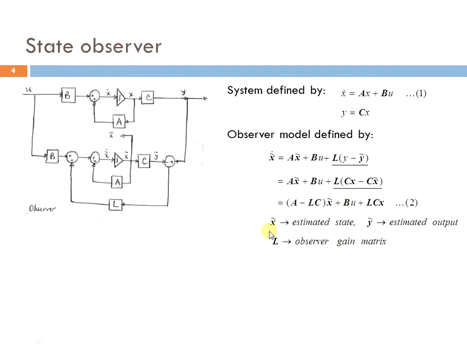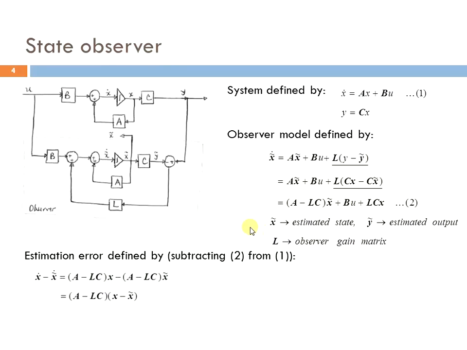Now, as mentioned earlier, the most important consideration for the state observer is the characterization of the observer model in terms of the estimation error. We achieve that by combining equations 1 and 2. According to this expression, we can define a new variable, E, which is the difference between the actual state and the observed state.